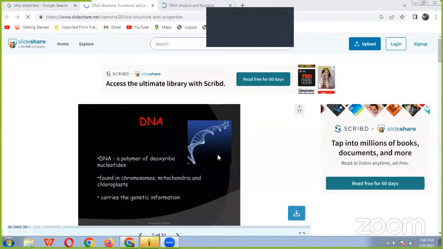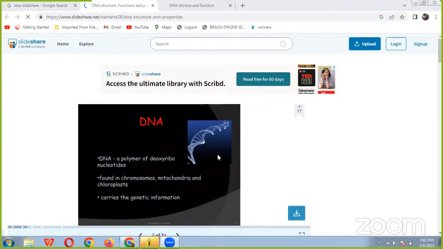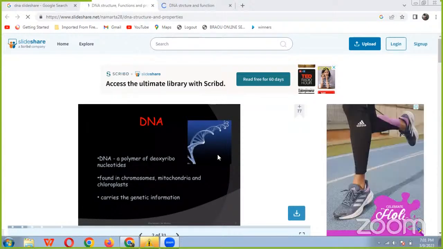According to our syllabus, only DNA and RNA. What are the main objectives of the DNA? Chemistry of DNA, Watson-Crick model of DNA, replication of DNA, and next transformation, conjugation, and transduction in genetic recombination in bacteria.